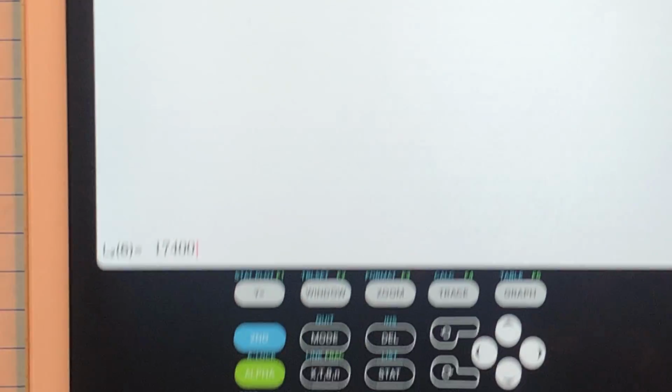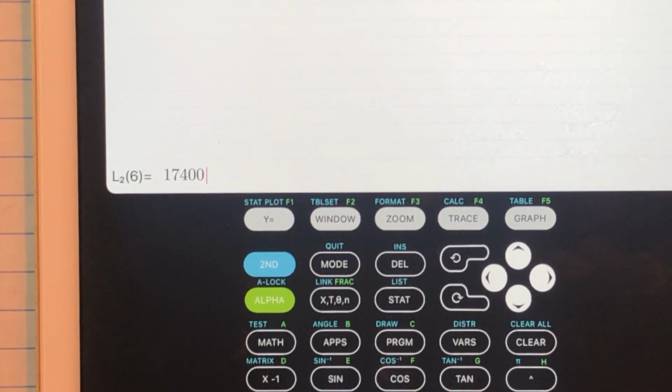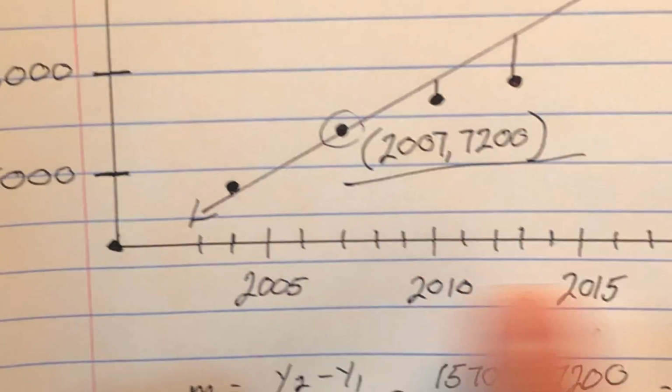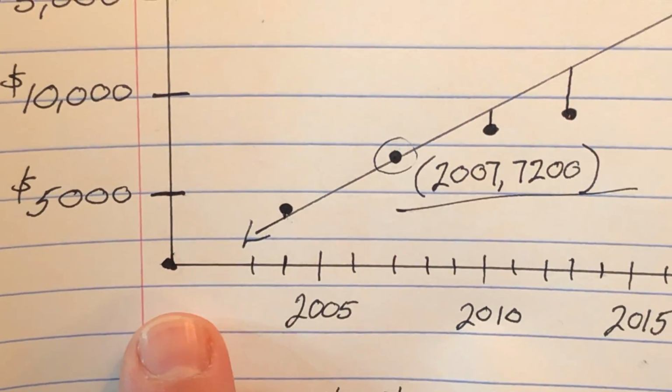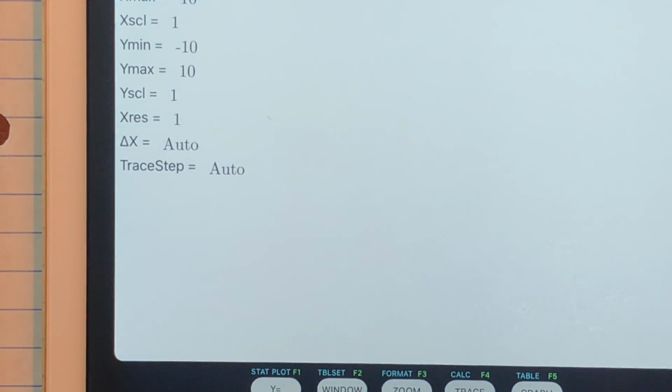Next, I want to change my window so that I can actually see where this data is plotted. So I'm going to hit Window. All right, and look at what we did on paper here. It looks like for the X, we went from about 2000 up to 2020. So that's what we're going to do here.